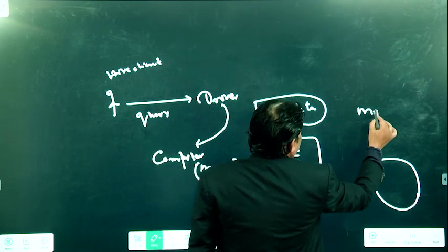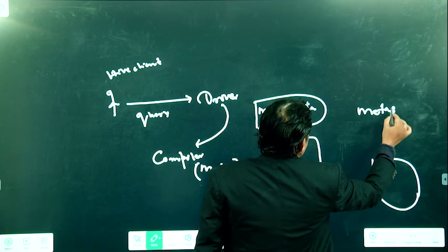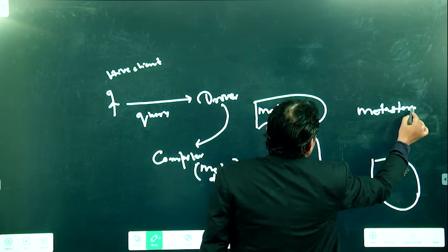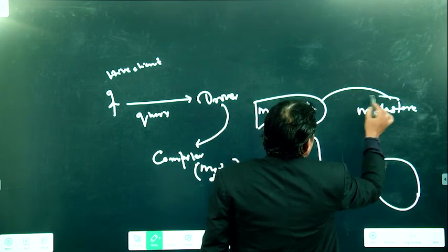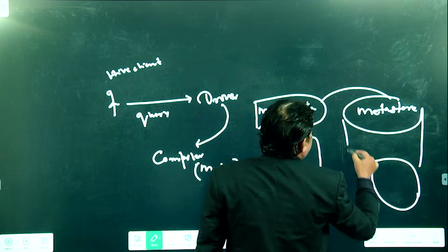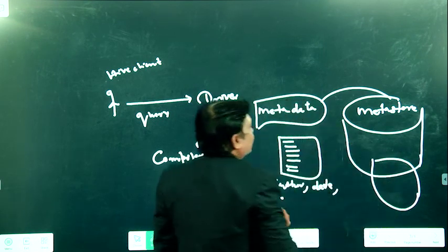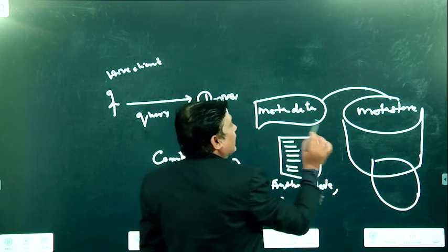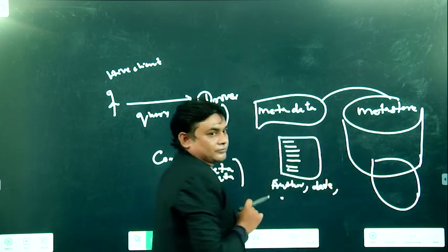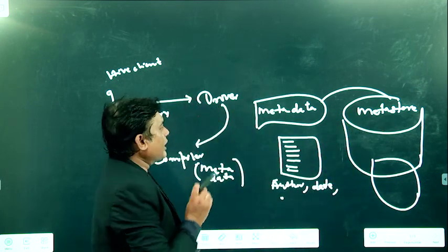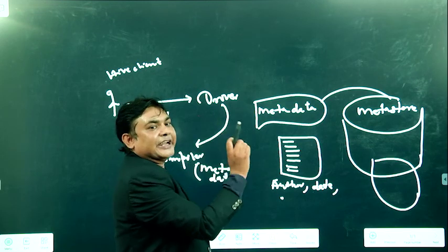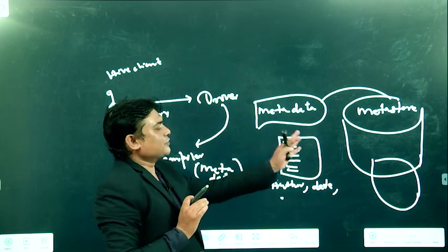What is called the metastore? The metastore is the place where we can store this metadata. The metadata can be stored only in the metastore. The metastore is a place where we can place the metadata. So metadata is stored here.